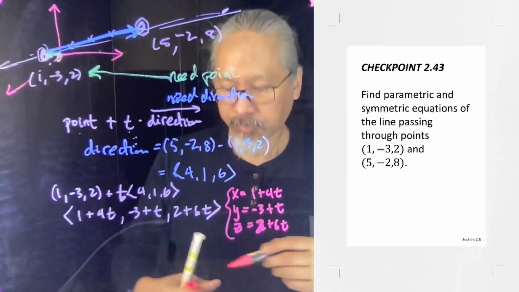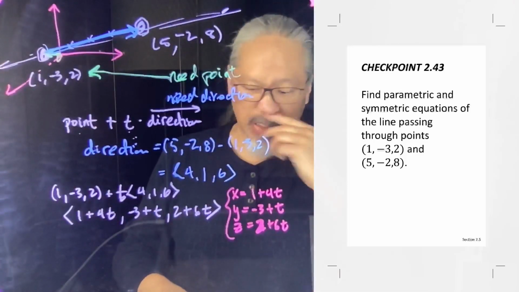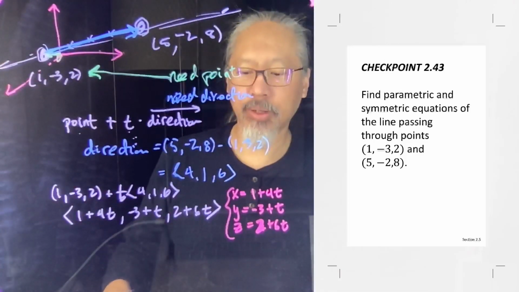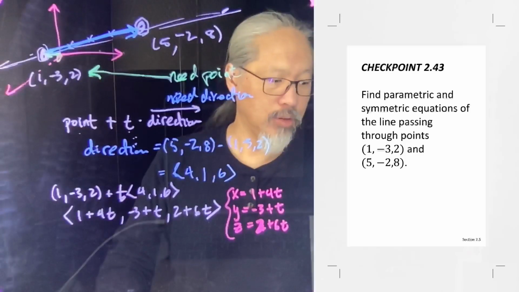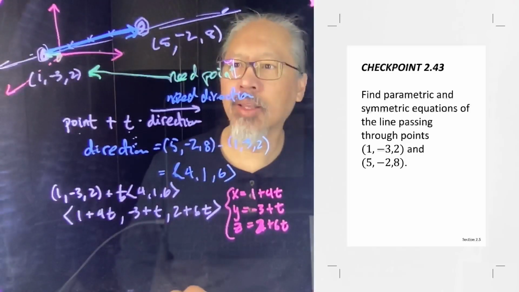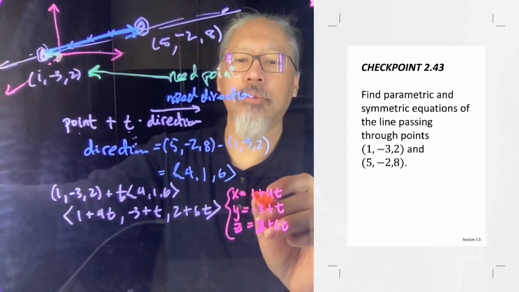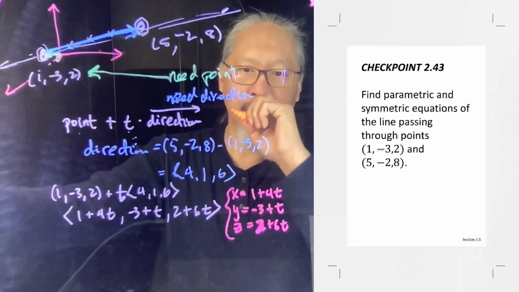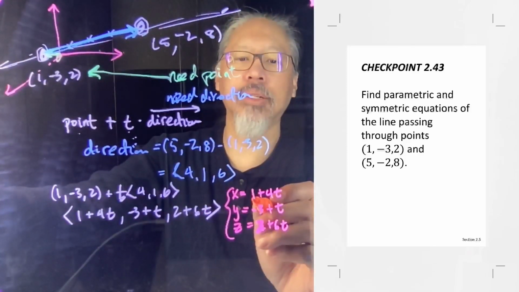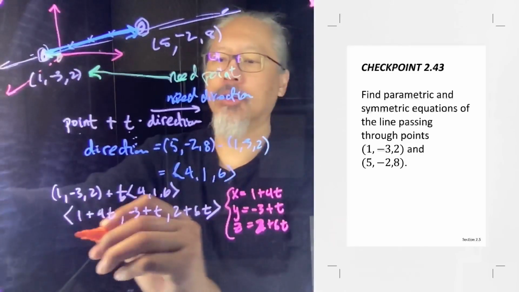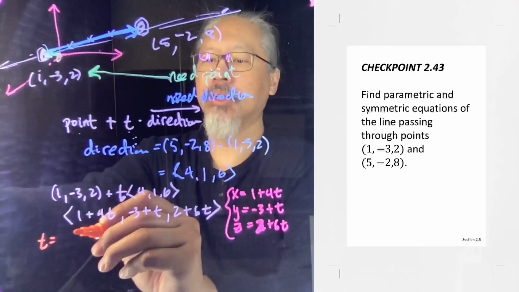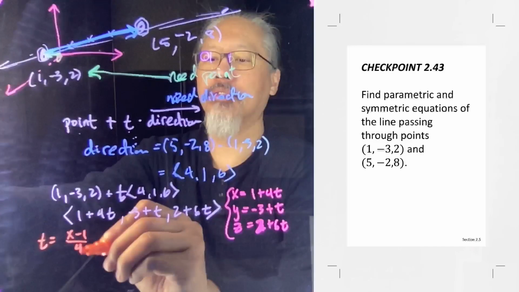Okay? And to make this into a set of symmetric equations, what we'd like to do is solve for the t's, and to do that we're going to subtract and divide. So for the first one, t is equal to x minus 1 divided by 4.